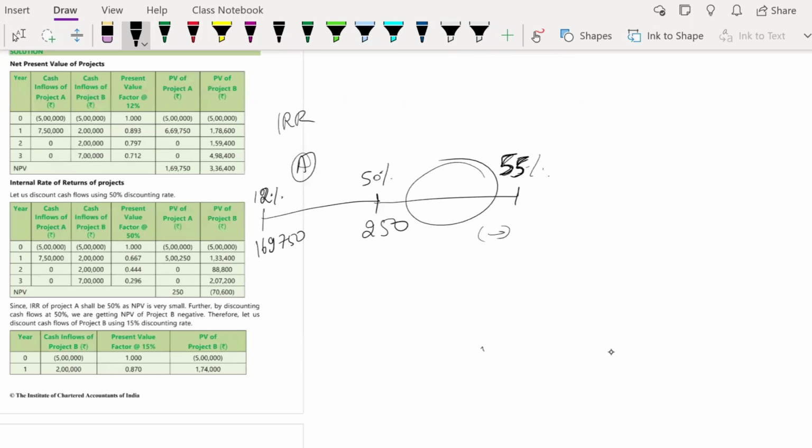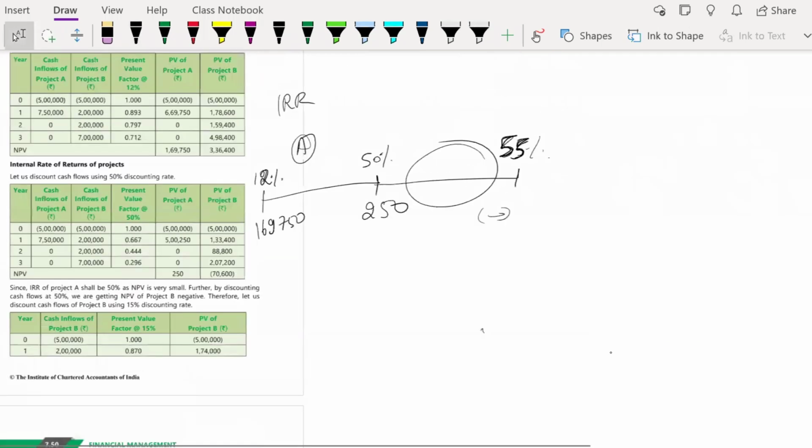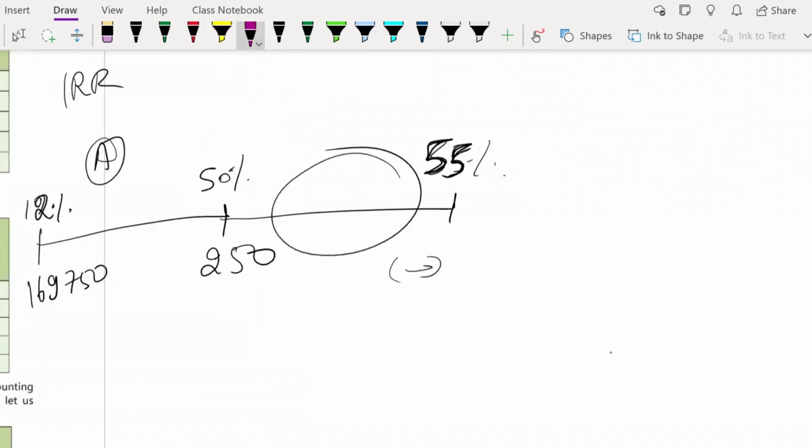But in this question, they have not done that. They have not taken 55% and found out. Now the question is why? Because they have assumed that since 250 is so close to zero, your IRR must be somewhere around 50.04% or 50.10% or something like that.